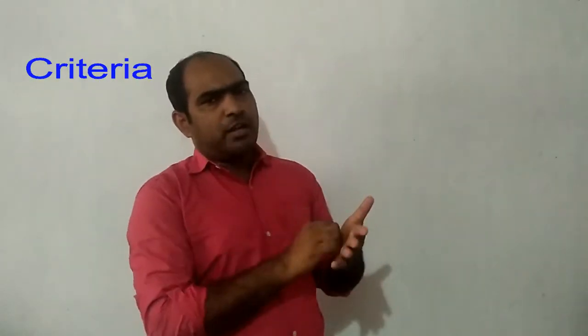Next is the criteria. Criteria means, in the previous class you have seen I have given one example also. Actually criteria is used only for if statements, for conditions. Conditions means some value we have given, and if they follow greater than or smaller than, at that time we use the criteria.